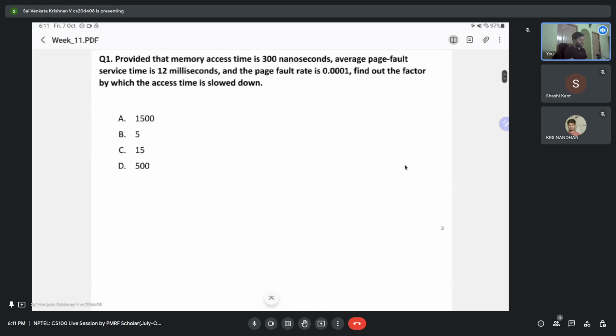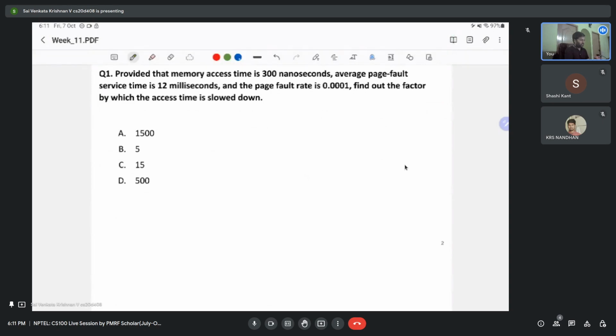So this is the first question. Provided that the memory access time is given as 300 nanoseconds, and your average page fault service time is 12 milliseconds, and the page fault rate is 0.0001. Find out the factor by which the access time is slowed down.